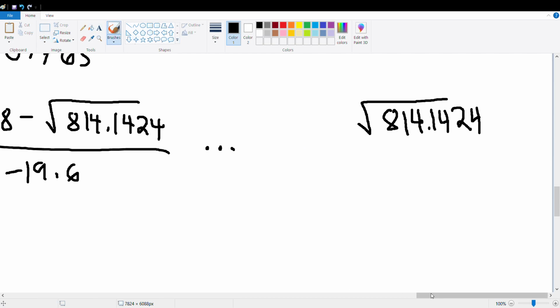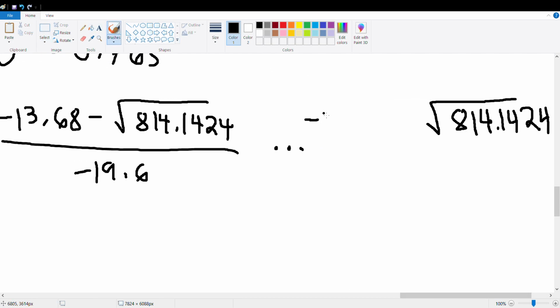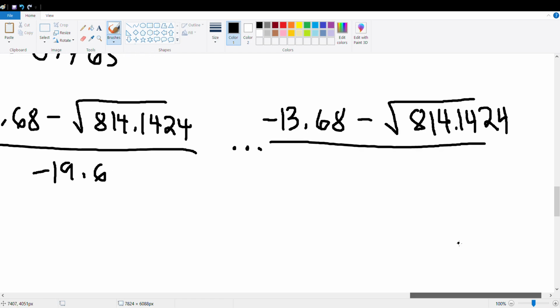Okay, I should have solved this first. I don't know what I'm doing. Negative 13.68 minus that, and then if you put that in the calculator, should give you negative 42.21.